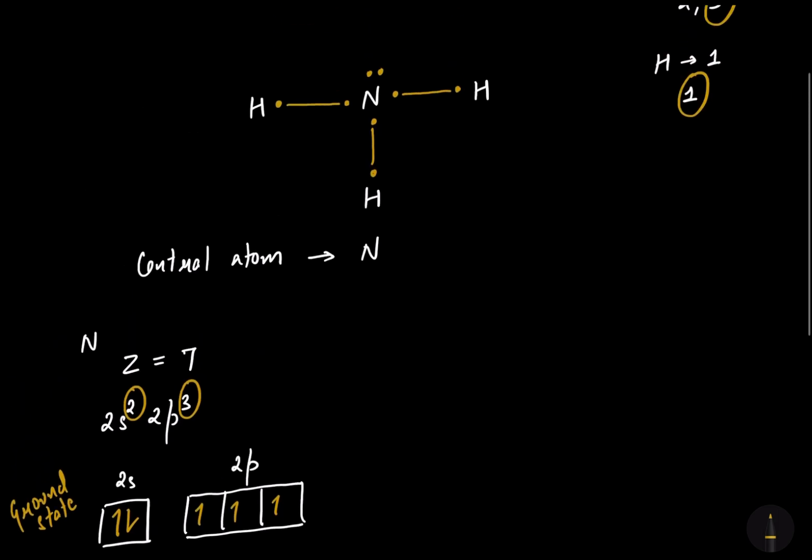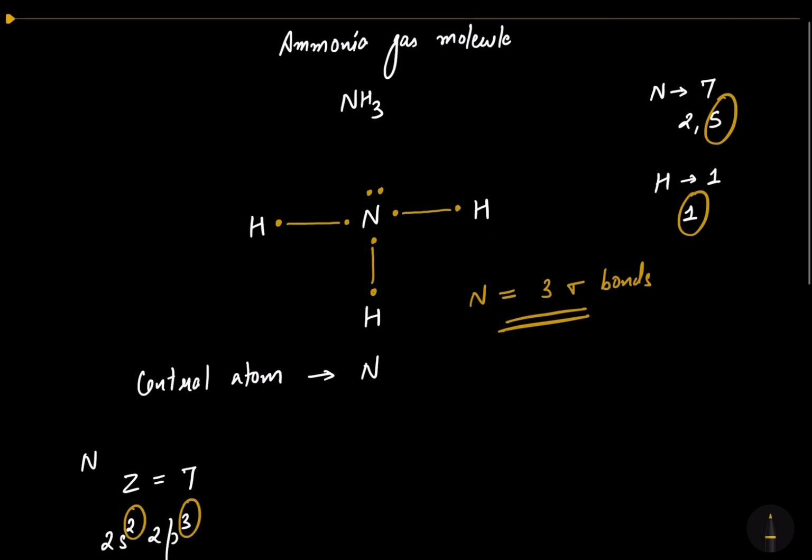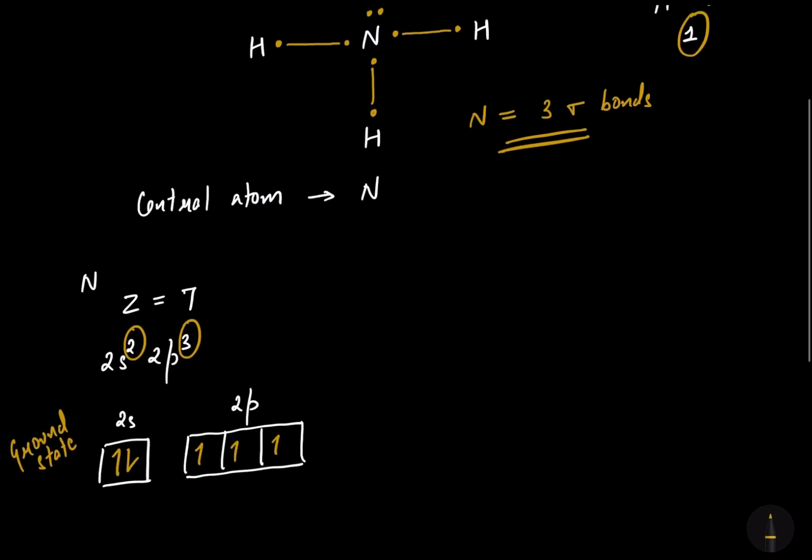Now let's come back to the Lewis structure. In the Lewis structure, nitrogen is forming 3 sigma bonds. That means nitrogen must have 3 orbitals containing 1 electron each for the formation of 3 sigma bonds with the 3 hydrogen atoms.